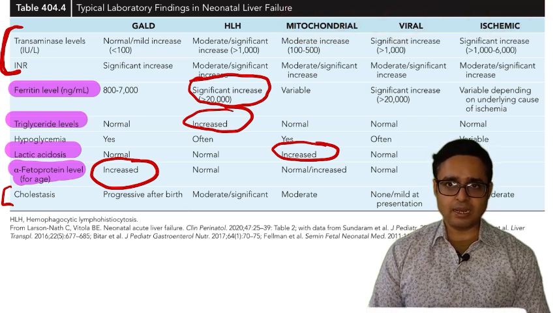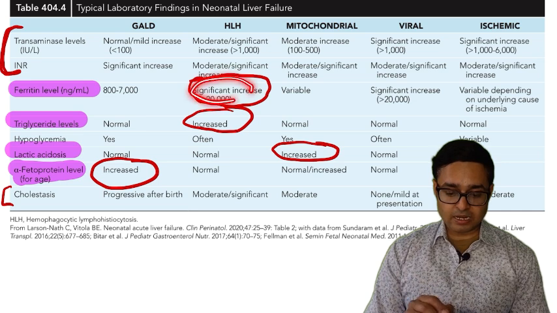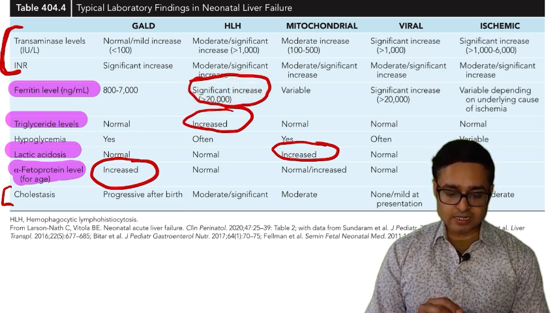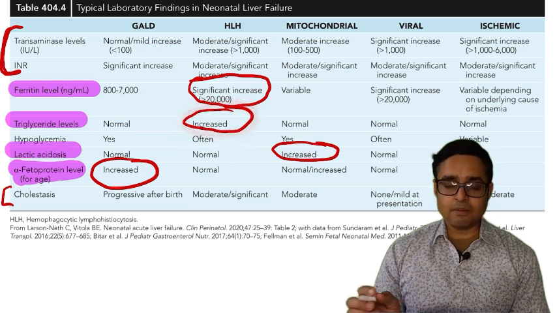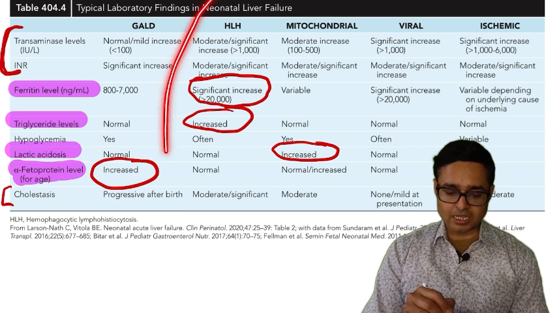Just look into the highlighted portion of this table. We will see ferritin level, which will be very significantly high, more than 20,000 in HLH, and triglyceride levels are increased. There are many criteria of HLH, but if you find that ferritin levels are very high and triglyceride levels are also increased, think of HLH.